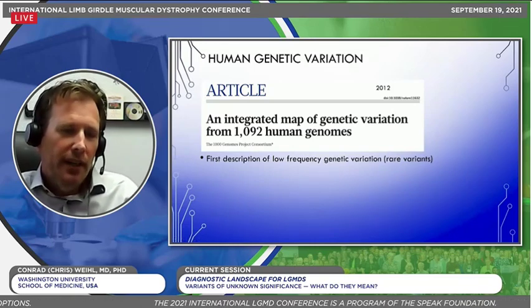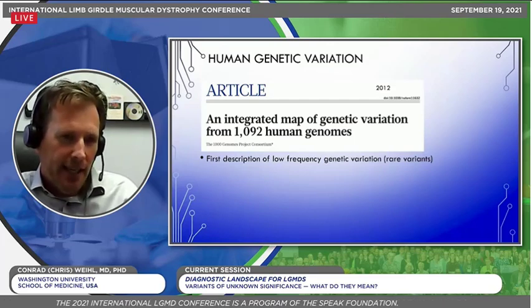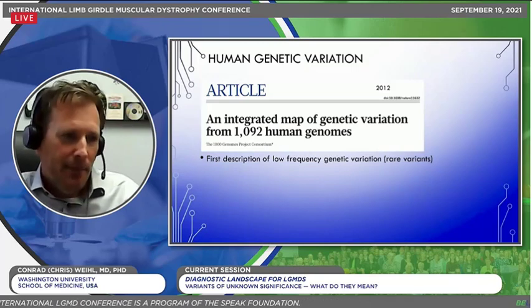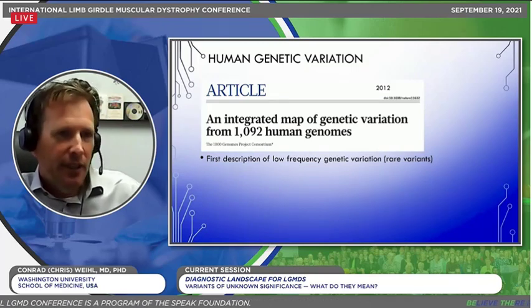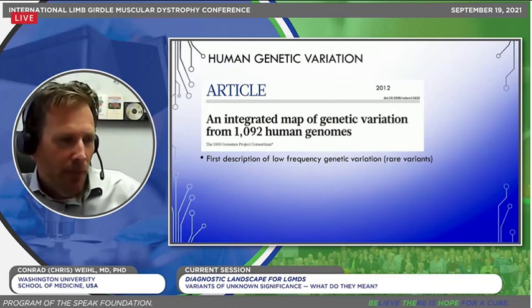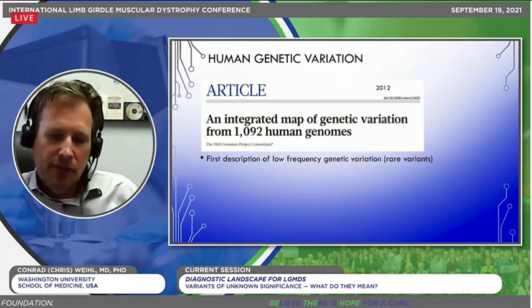We already knew that there were variations in families. We'd already been doing that type of study in crime labs to understand, even paternity testing. We knew what we call common variation, and we looked at multiple common variants, but what we didn't know was the amount of rare variants.